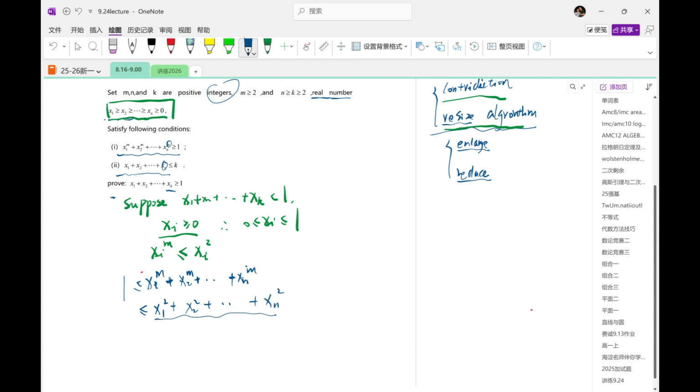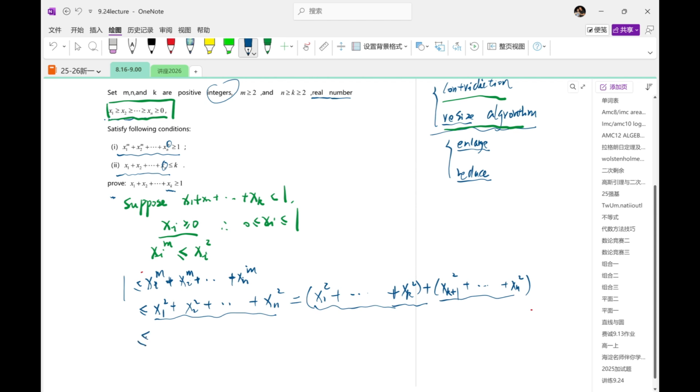Then we separate it into two parts. The first part, the front part, is from x_1 square to x_k square, and the second part is from x_(k+1) square to x_n square. We enlarge them respectively.